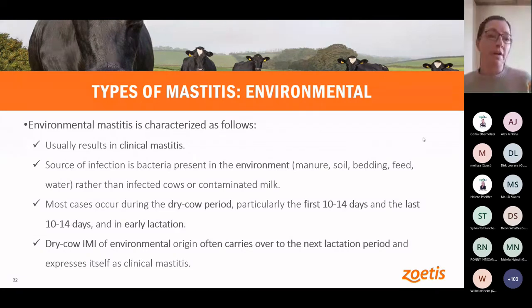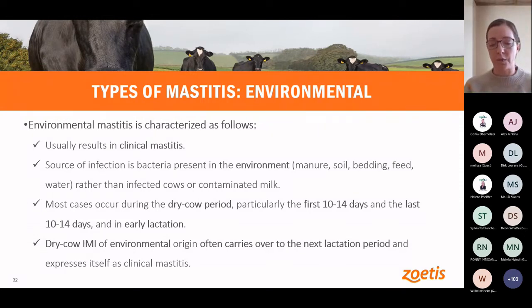Right, so environmental mastitis, this would usually result in a clinical mastitis, because the source of infection is usually the environment. So this would be anything from the manure, the soil, bedding, feed, water, etc. Most cases occur during the dry period, especially in the first 1 to 2 weeks, and the last, say, 2 weeks, and then early lactation.